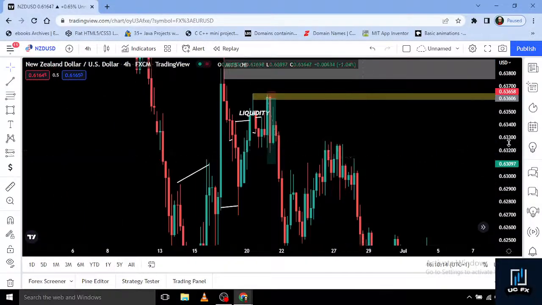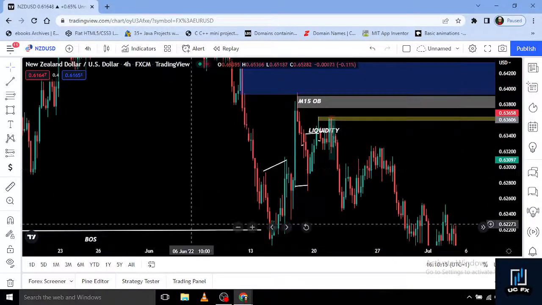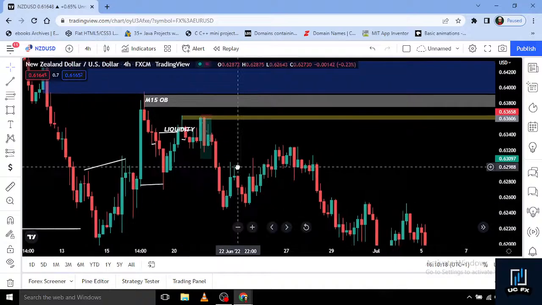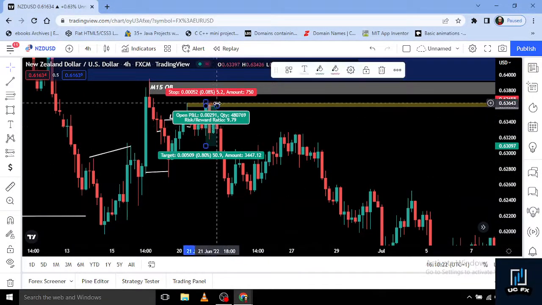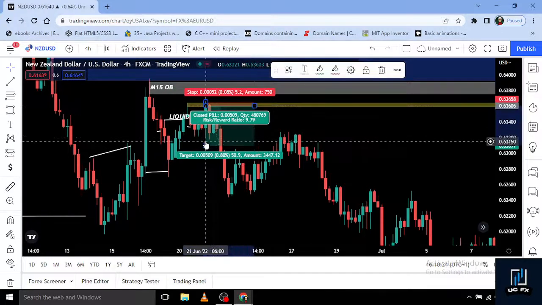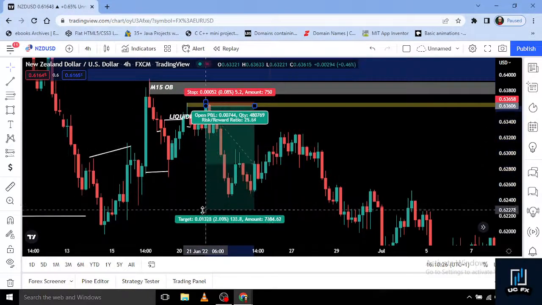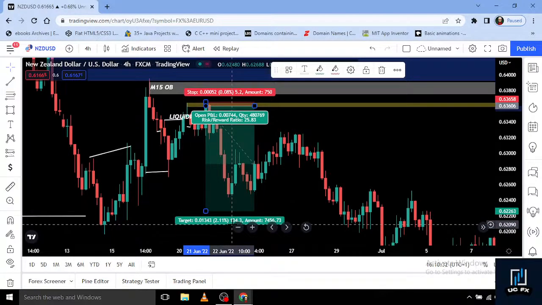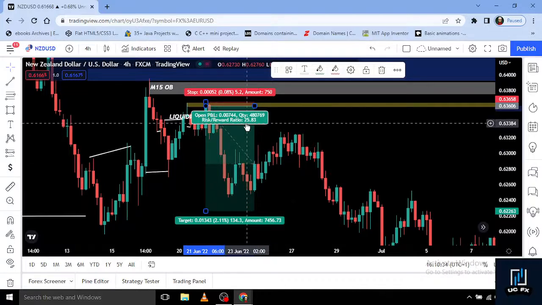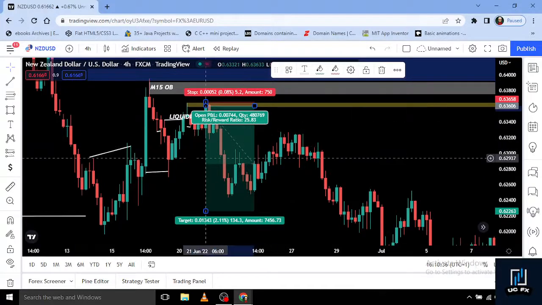So here we have our last formed low, this area. If you check that from this place to this point, targeting these lows, we'll be getting 134 pips. That's actually 1 to 25. That's huge, bro.